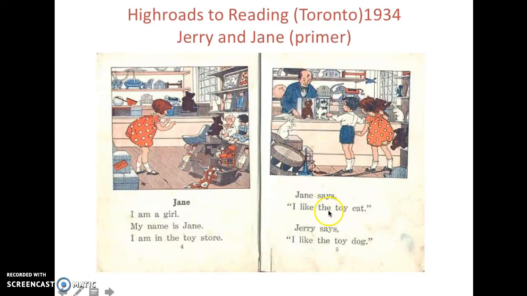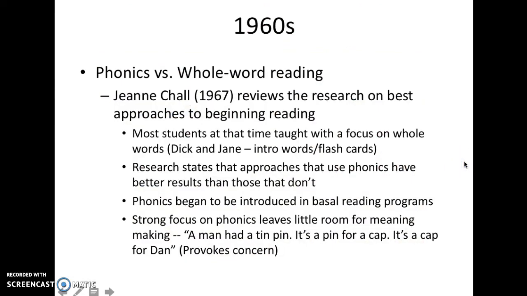The language is very repetitive. So Jane says, I like the toy cat. Jerry says, I like the toy dog. And you would find this throughout the book, very simple sentences and very simple words.